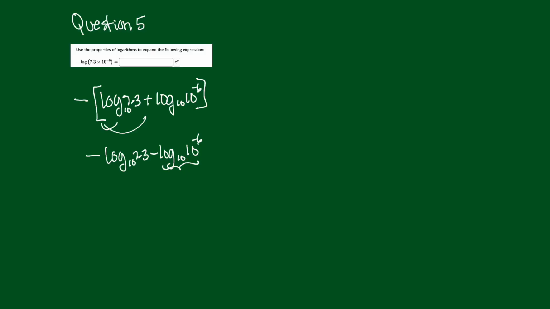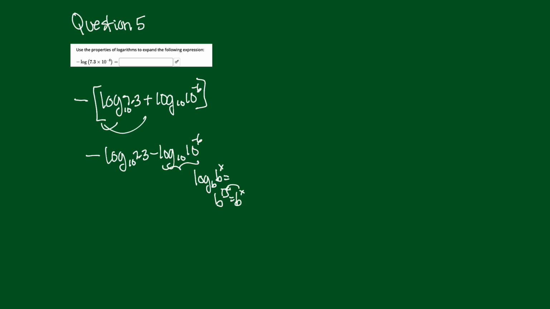See this term here? I've got a base, and those bases match. So when the bases match, you just get the exponent. There's a property that says if you have the log base b of b to the x, you just get x. What you're asking is, b to what is b to the x? Well, it's x, of course.